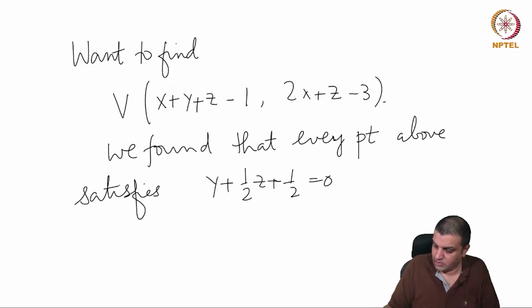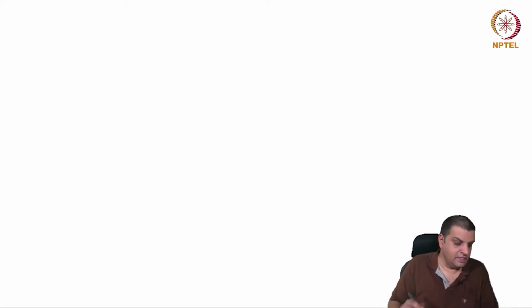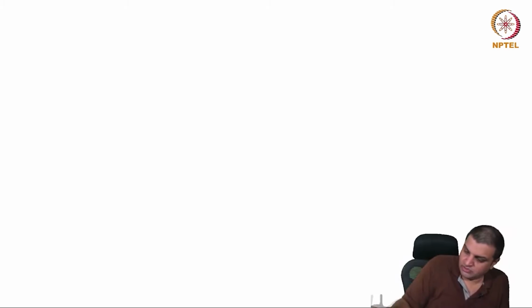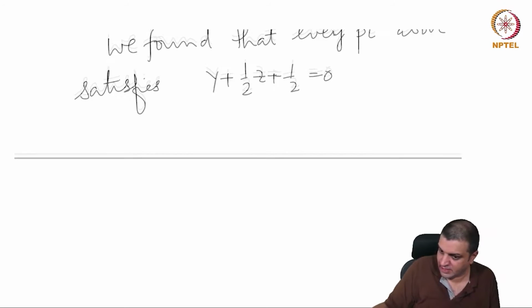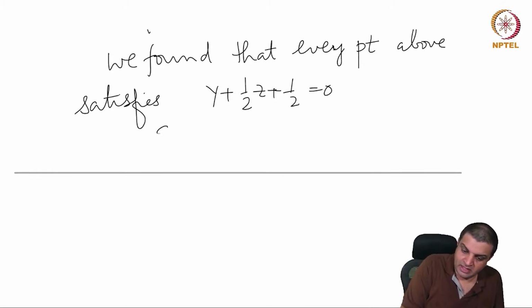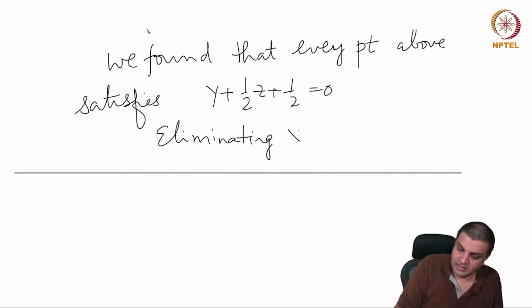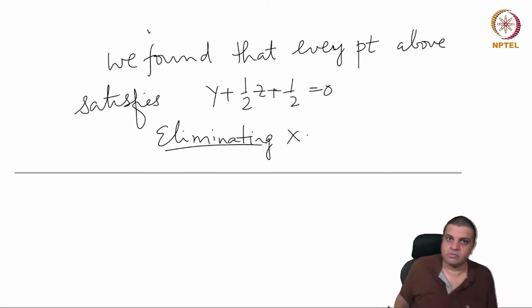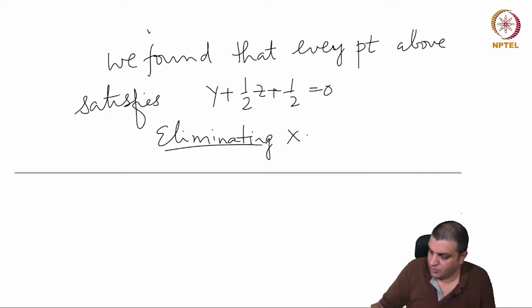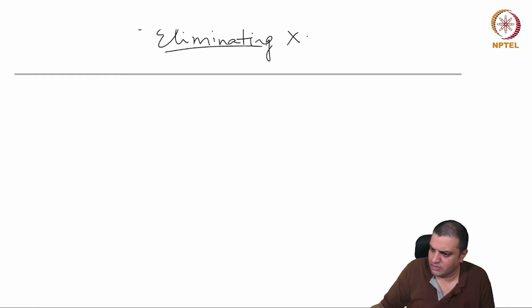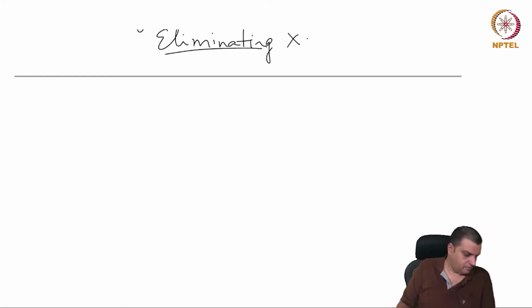So how do we find this? This is the question. How did we get this? We got this by eliminating. This is what Gaussian elimination did, eliminating x. Now what do we do in the general situation for arbitrary polynomials?